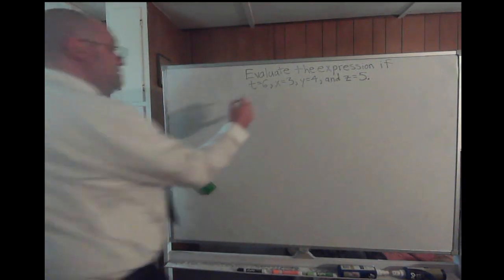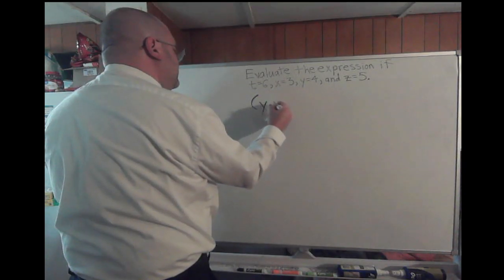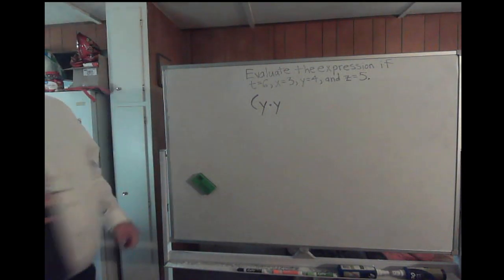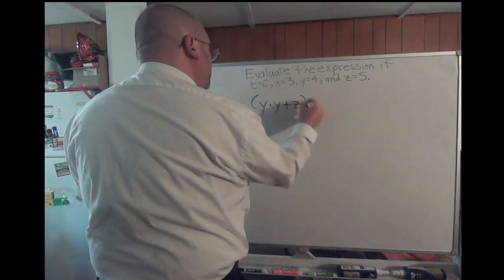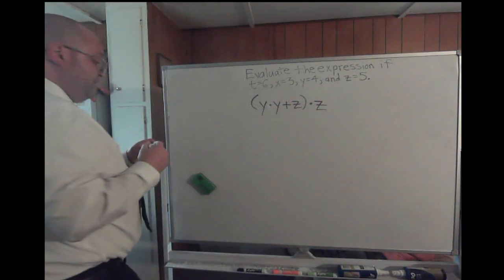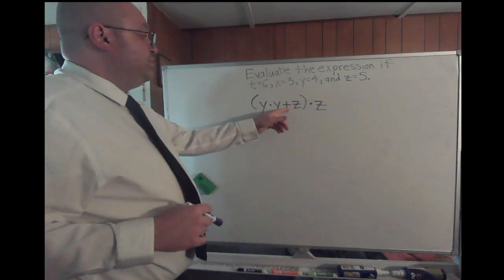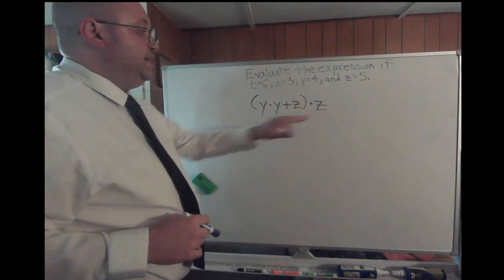Alright, this is where it gets a bit fun. We have in parentheses y times y plus z, all that times z. So inside the parentheses we got y times y plus z, the whole quantity times z.